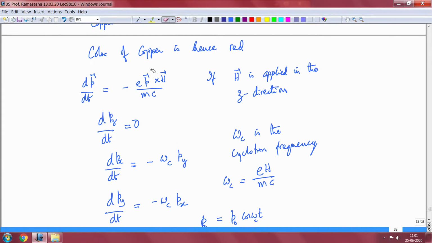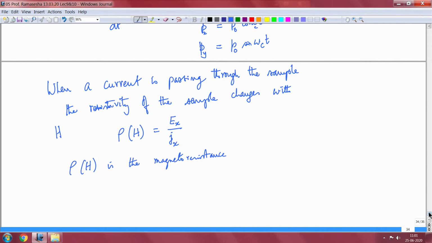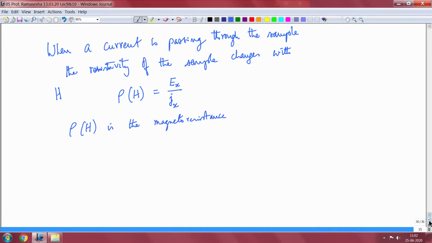What I am going to be doing now is look at electrons actually in a metal and study what happens when both electric and magnetic fields are present. The configuration in which I am going to be looking at is the following.